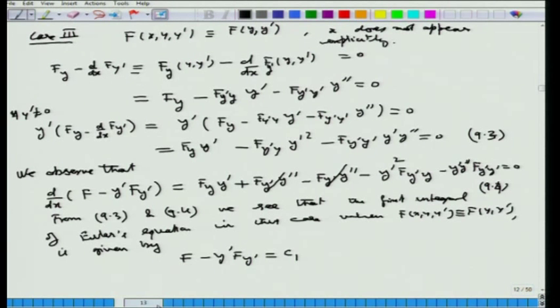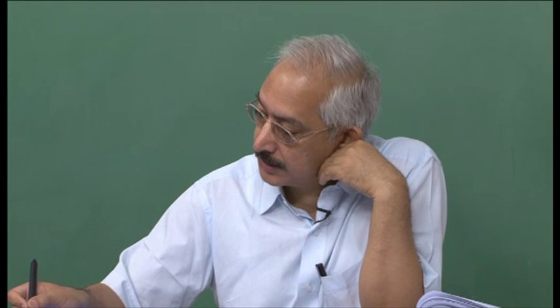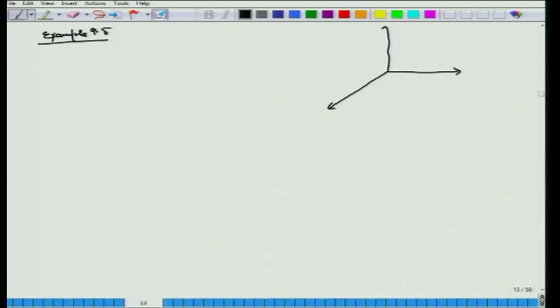So, let us see this case in certain examples. Say example 9.5. Here we consider the case where this is the x axis, y axis and z axis, and let us say there is a curve given here.